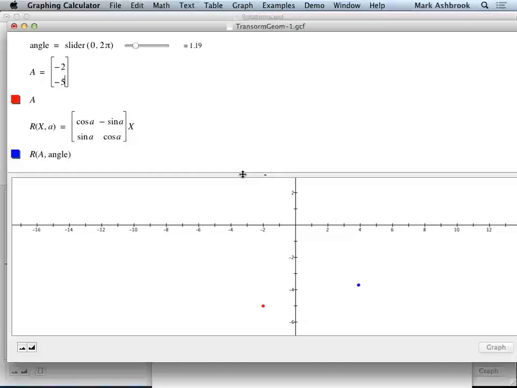Yeah, there you go. Wait, if you do that. Oh, I put A as my angle. That's why. Yeah, I was looking at that. You just reverse the order you put your inputs in your function definition.